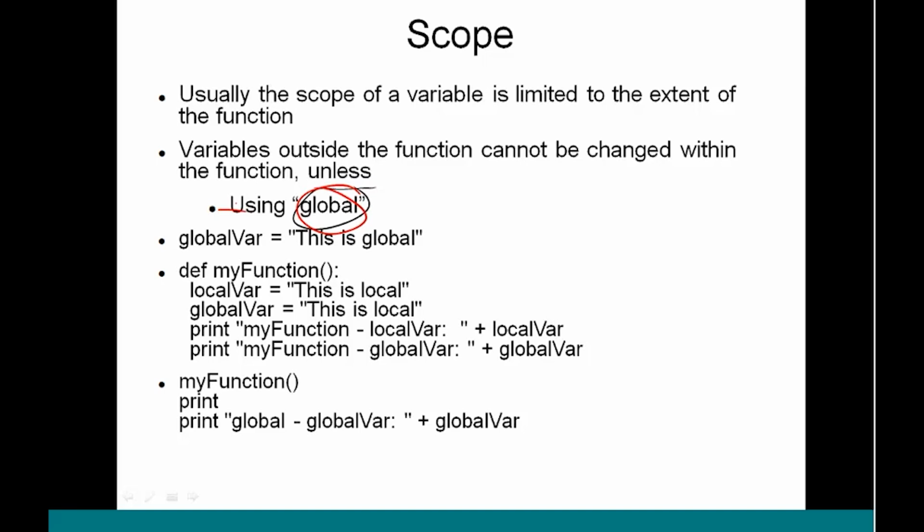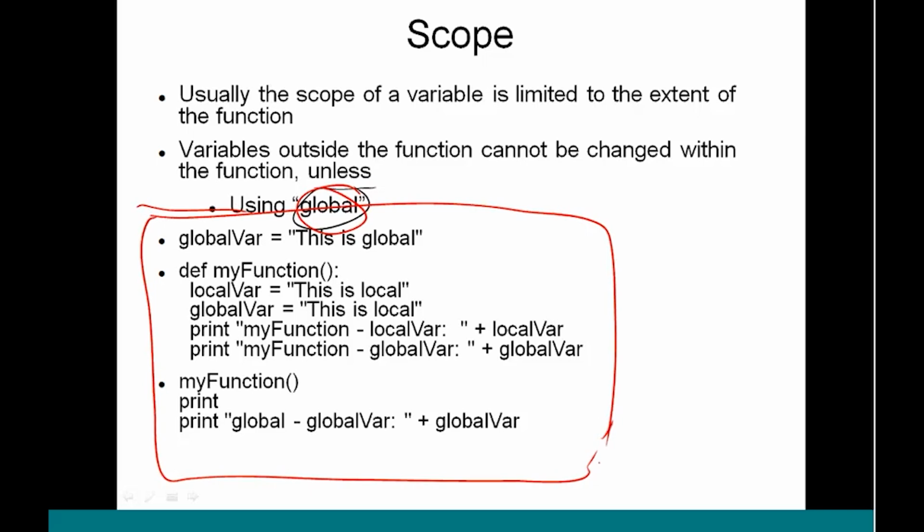So here is one example. This section is actually Python code. Let's review this one. Here I am declaring a global variable. It's called global var, and it's assigned a string, this is global.